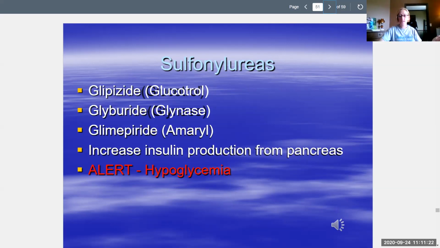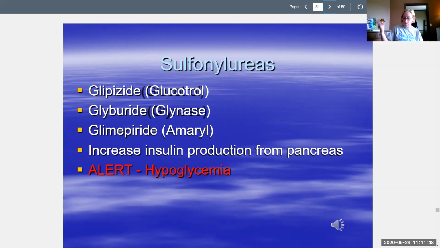We know jaundice would be a later sign if they have not been compliant with getting their liver enzymes checked. It's also important to know which ones work in the intestines, because if they're blocking those starches, they are not going to be as effective in bringing blood sugars up with juices and pop and things like that.